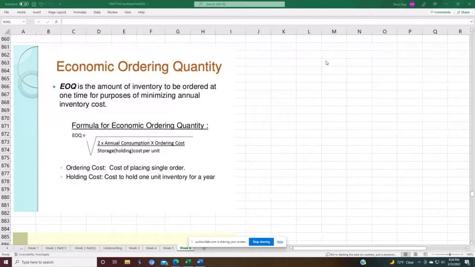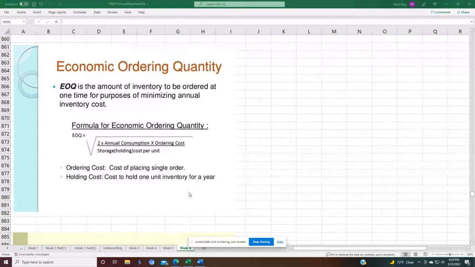All right, so here's the formula for the economic order quantity. You can see where I'm circling there.